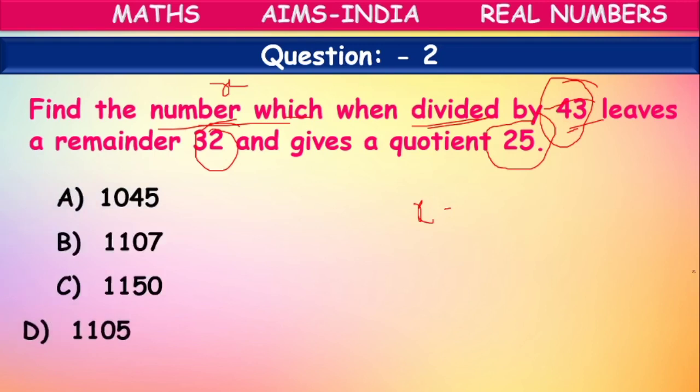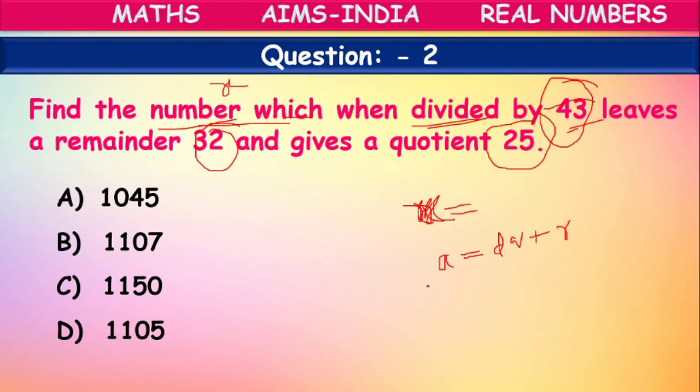Let's see the options here. A, B, C, D options are there. So x will be considered as the dividend. According to the division rule, dividend equals divisor into quotient plus remainder.